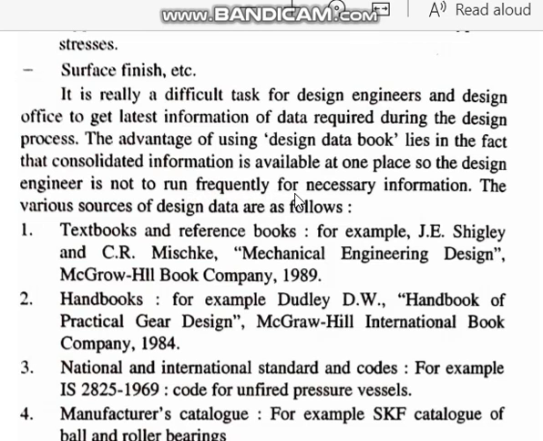It is available in one place, in the form of a book called a design data book.